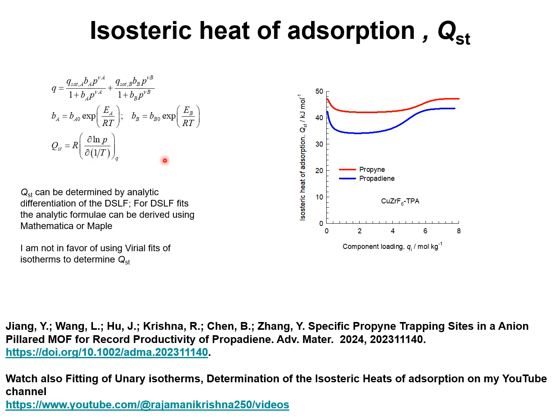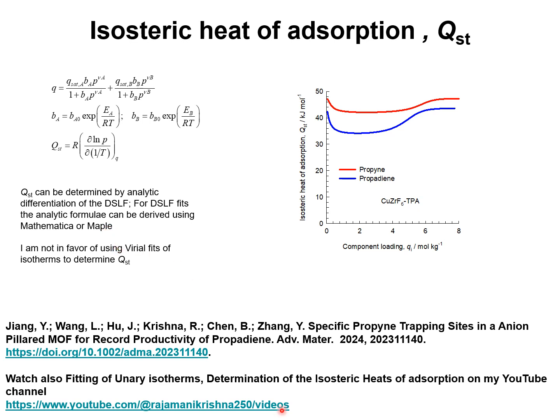The isosteric heats of adsorption can be determined from the Clausius-Clapeyron equation by analytic differentiation of the dual site Langmuir-Freundlich model fits with temperature dependent parameters. Now the analytic formula for the DSLF fits can be derived using Mathematica or Maple. I have used Maple, and I have programmed the calculation procedure in Excel.